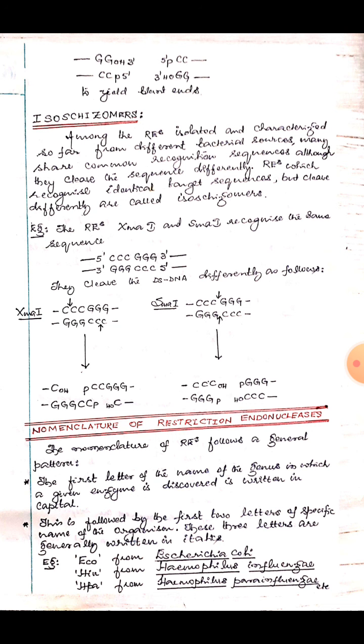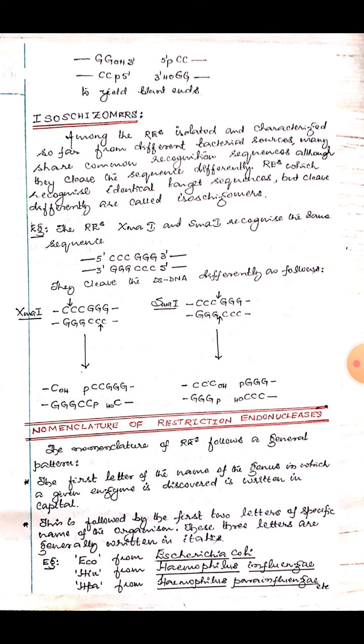isoschizomers. I have here two enzymes, XmaI and SmaI. These are two different restriction endonucleases, but they recognize the same sequence. Their target sequence is the same, CCCGGG, a hexanucleotide. Wherever this target sequence is there in a DNA molecule, both of them will recognize it. If so, what is the difference?